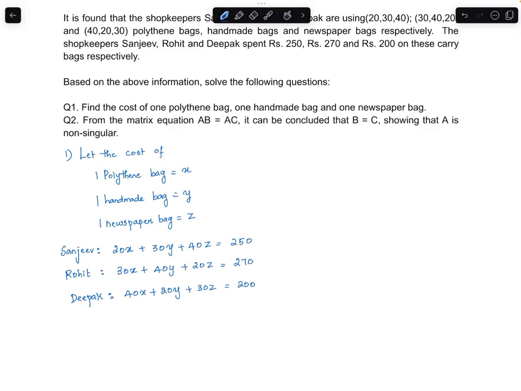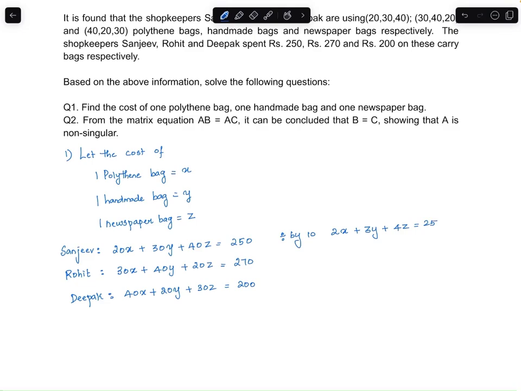These equations can be reduced. Dividing the first equation by 10, we get 2x plus 3y plus 4z is equal to 25.